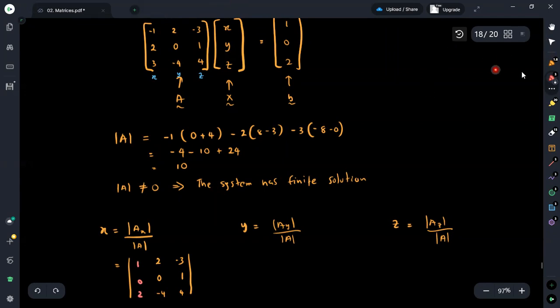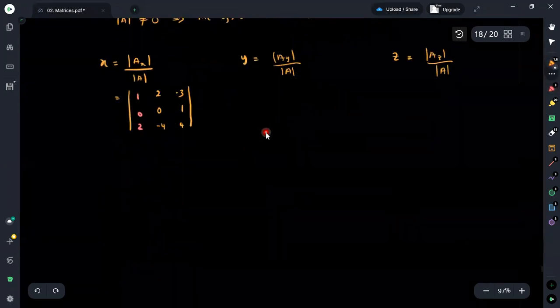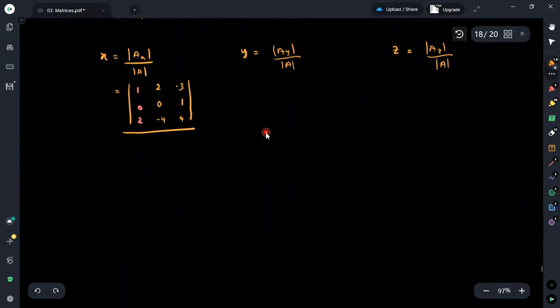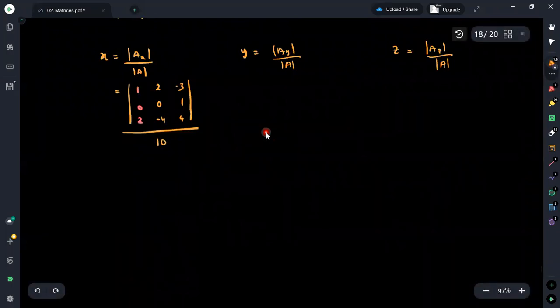Then the entire determinant has to be divided by the determinant of A. Rather than saying determinant of A, I will use the value 10, so we take it as 1 over 10 times the determinant of this matrix, and we can obtain the value of x.